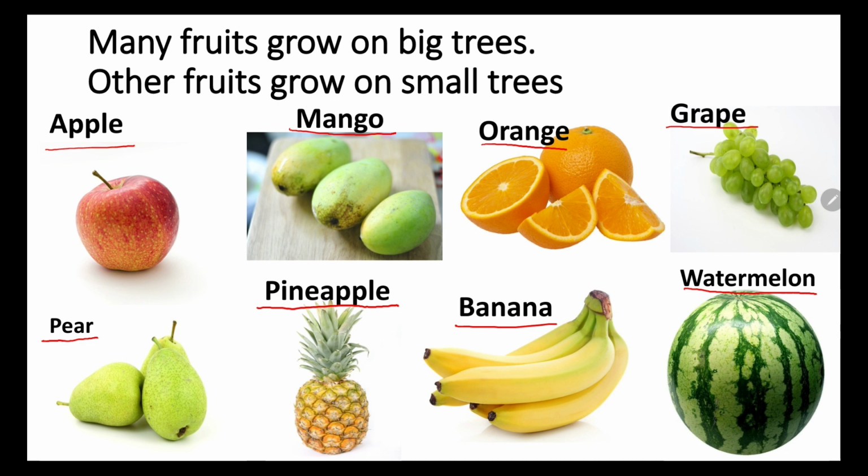I'm going to read one more time and I will be faster than before. Listen carefully. Apple, mango, orange, grape, pear, pineapple, banana, watermelon. Great. Let's continue.